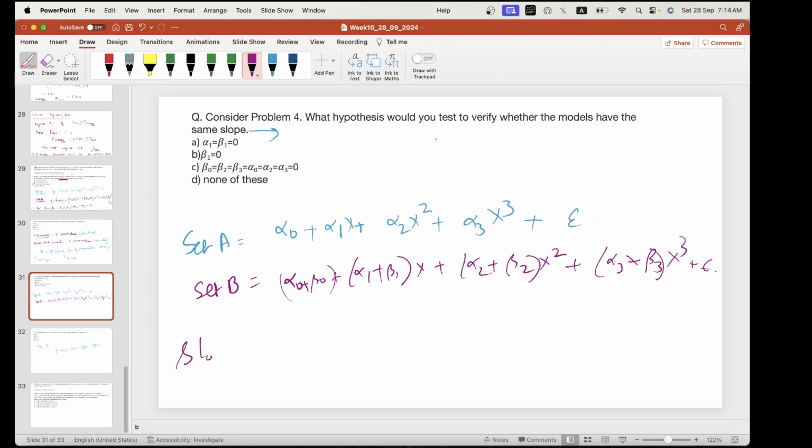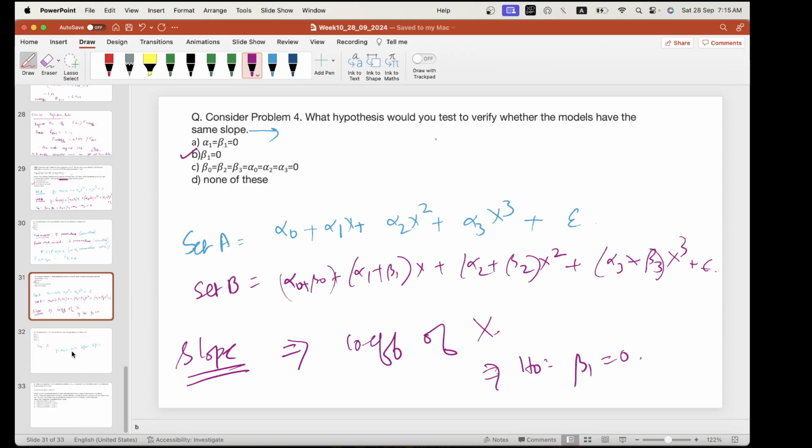Now slope means the coefficient of x. So in this case, to test whether the slopes are the same or not, we have to test H naught: beta 1 equal to 0. That is option B.